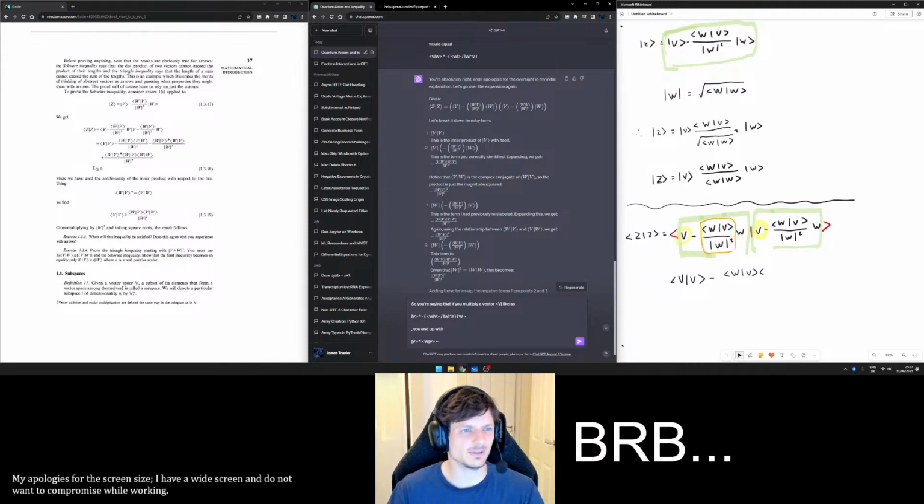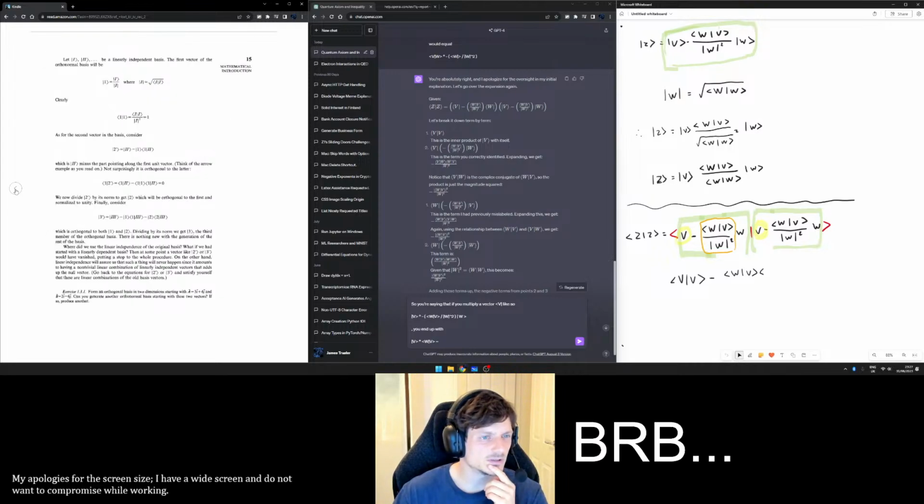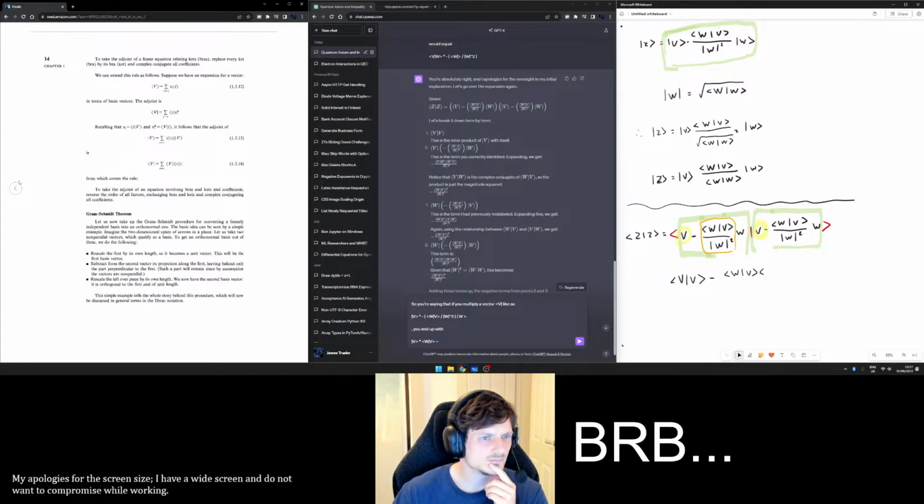So multiplying that by an inner product, where did that rule come from before? Multiplying by an inner product.